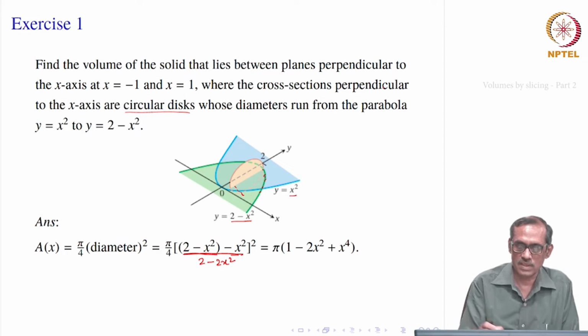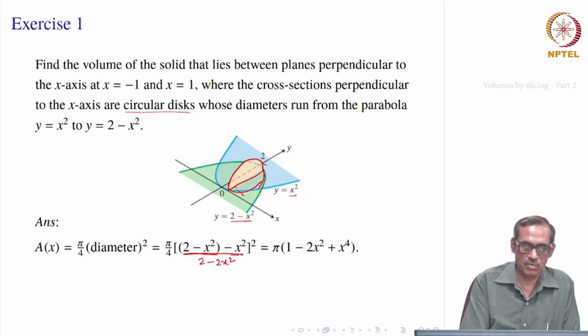So, the cross sections perpendicular to the x axis are circular discs. So, what happens here? It is only half of that is shown here. So, that half will be equal to pi divided by 4 into radius square. However, we want directly the circle, then we can really do that.